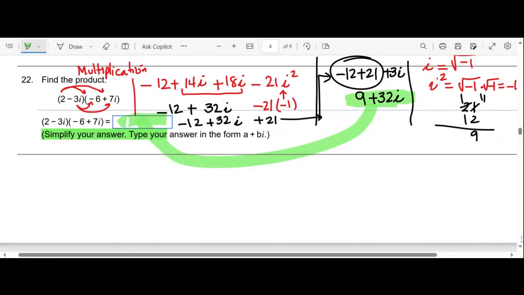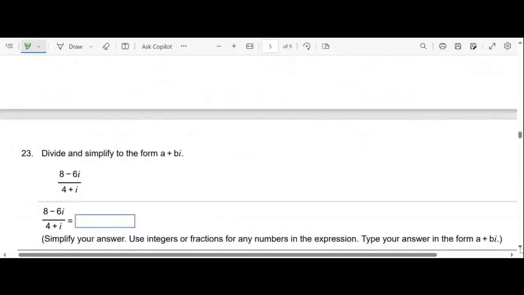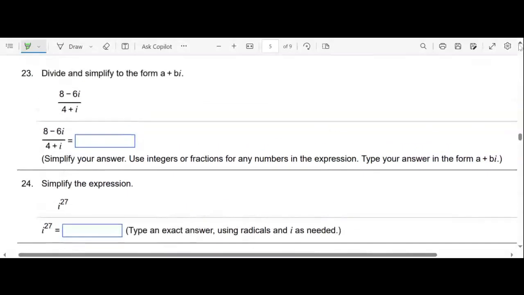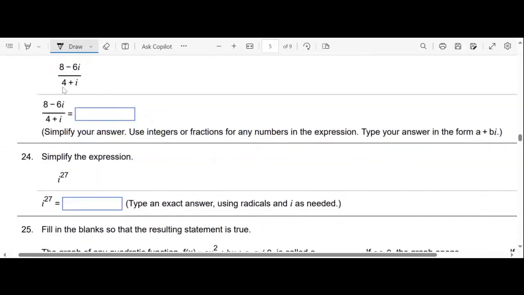Number 23. Divide. So we have to divide and put it in this form: the first part is real, the second part is imaginary. Okay, so let's do this. First I have to conjugate. So if you conjugate 4 plus i, what's the conjugate of 4 plus i? 4 minus i.